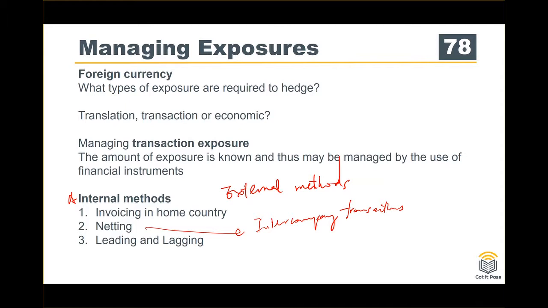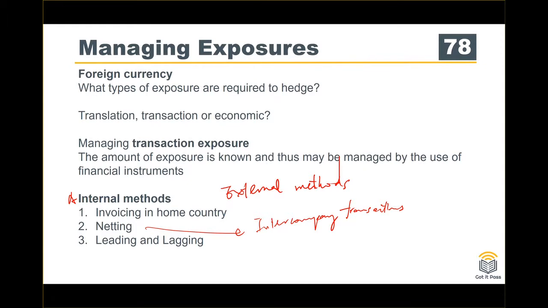Because you can match them, you can just pay the net difference. Or you have the customer and supplier in the same country, so you can arrange netting for the receipts and payments in the same country, so that your foreign exchange risk exposure can be minimized as well.